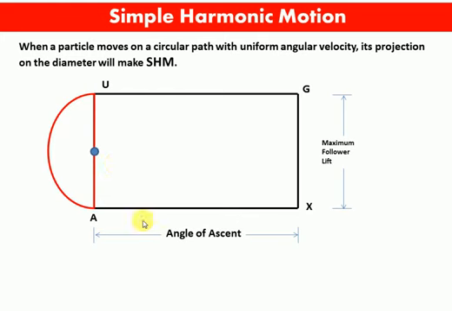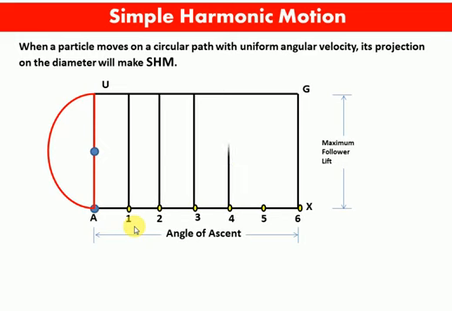In the same way, we'll divide the angle of ascent into an equal number of even parts. Here also we'll divide it into 6 equal parts, say 1, 2, 3, 4, 5 and 6. Then we will draw a vertical line from points 1, 2, 3, 4, 5 and 6.